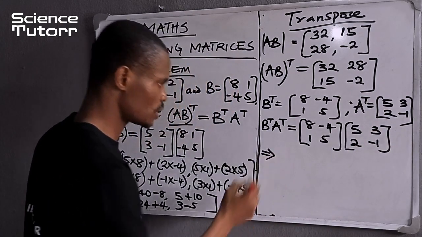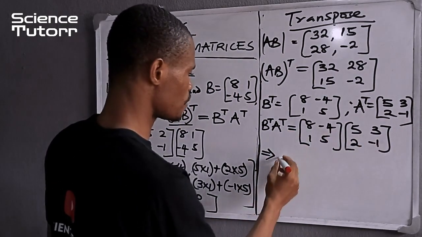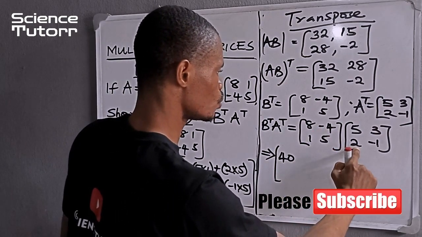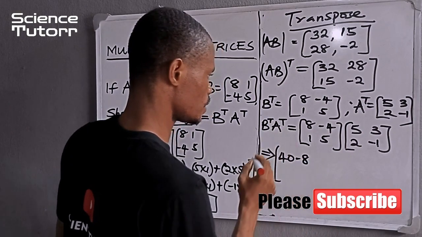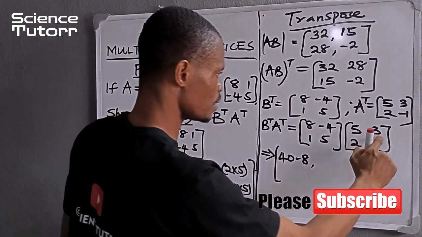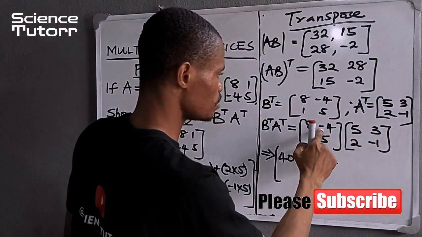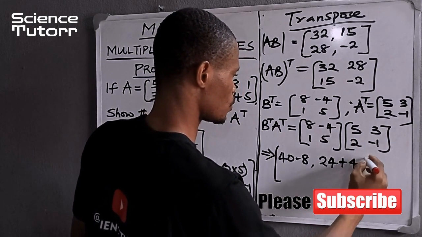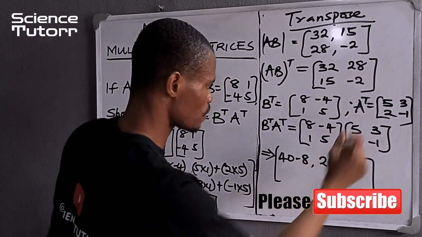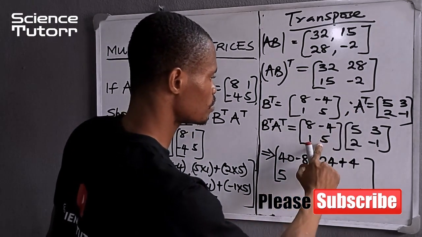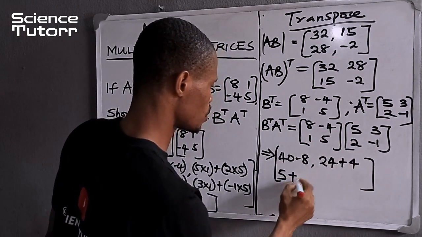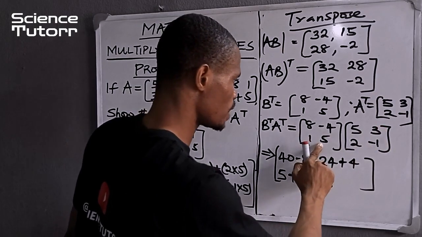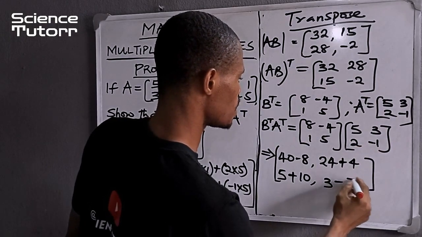So let's do the maths and see what we have. 8 times 5 is a 40, minus 4 times 2 is minus 8. That's the first case. 8 times 3, 24, minus 4 times minus 1 gives us a plus 4. 1 times 5 is a 5, 5 times 2 is a 10, so plus 10. 1 times 3 is a 3, plus 5 times minus 1 gives us a minus 5.